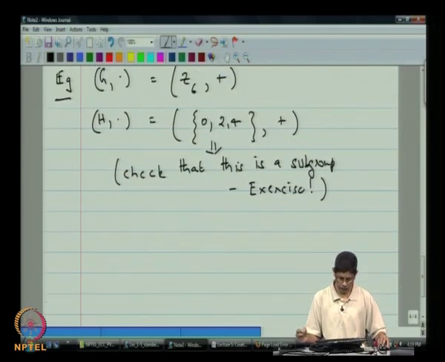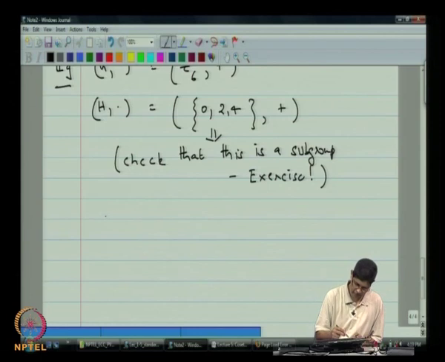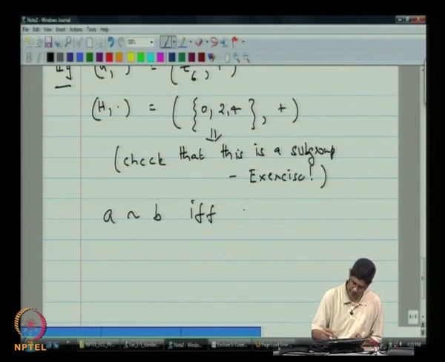Okay, so now the question is, what are the equivalence classes that arise from saying that A is equivalent to B if and only if A B inverse is an element of H?